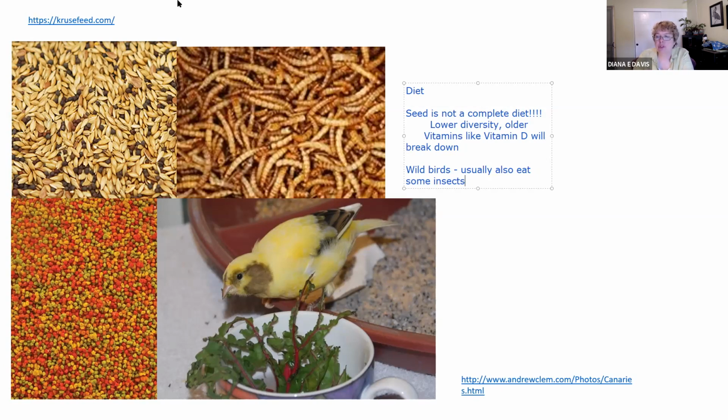So we have to think about this when we're thinking about what to feed our birds. There are pellet mixes. This one has dyes in it to make it look more appetizing. Pelleted diets are generally better than seed.